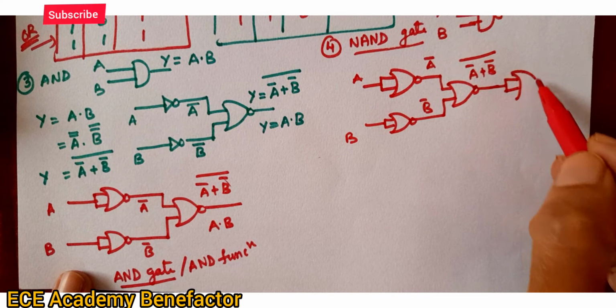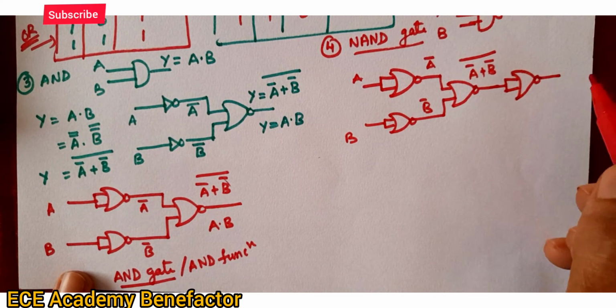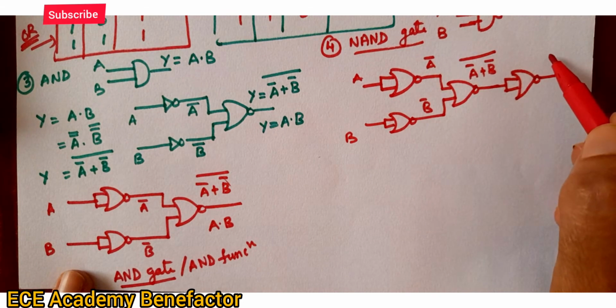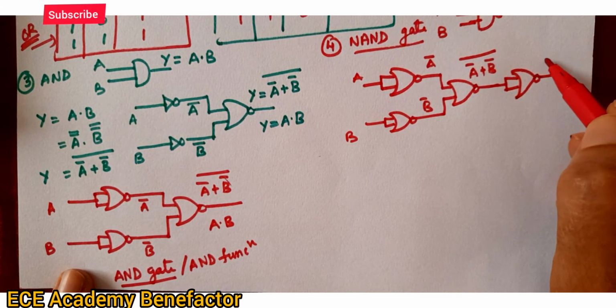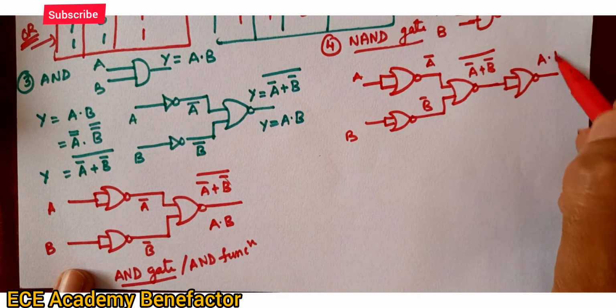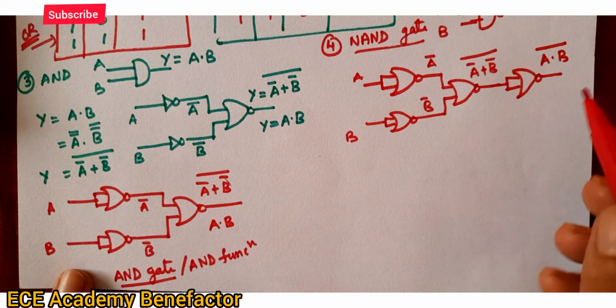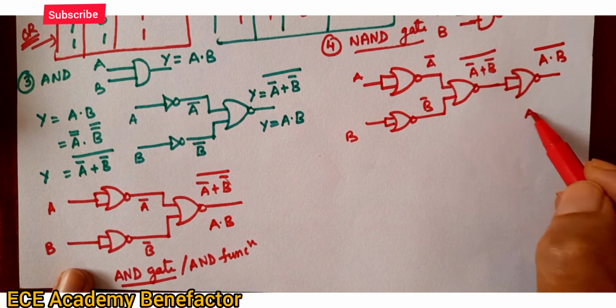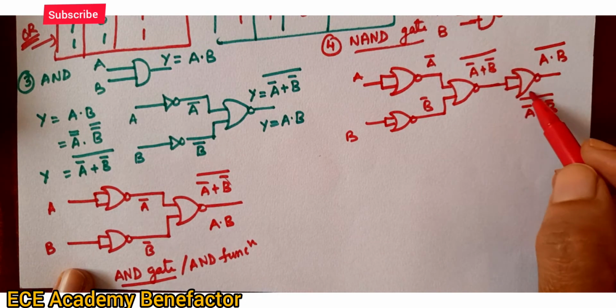NOT gate means again joined or combined input terminals of the NOR gate. So here we will get A dot B the whole bar. So what will actually come here? A bar plus B bar the whole bar, twice.